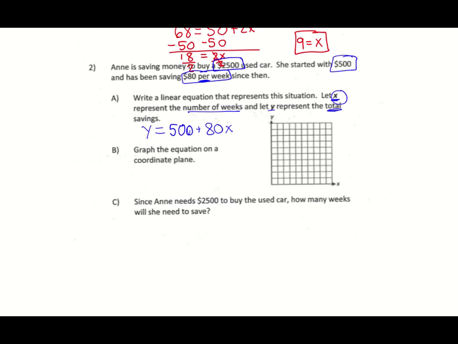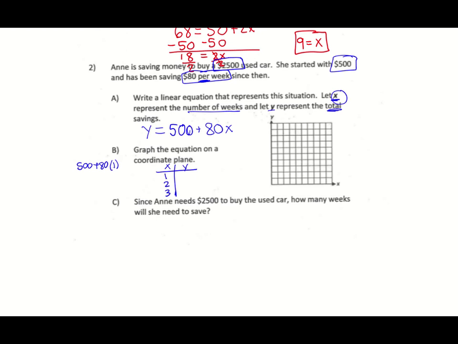Now when I graph this equation, I'm going to do the same thing that I did before. I'm going to pick some x values and plug them in, see what I get for y. So my x, I'm going to try 1, 2, and 3. When I plug 1 in above, I get 500 plus 80 times 1.